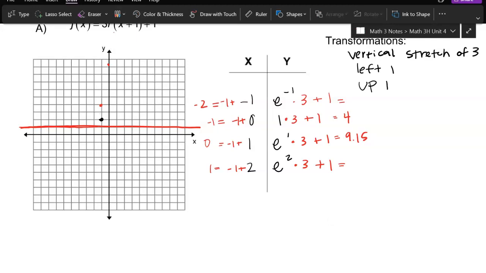All right, let's do negative. So we might need to do negative 2 here. So plus 1, negative 1, so that'd be negative 3. And then e to the negative 2 times 3 plus 1, just so we can get some more numbers on our graph. All right. e to the negative 1 times 3 plus 1.